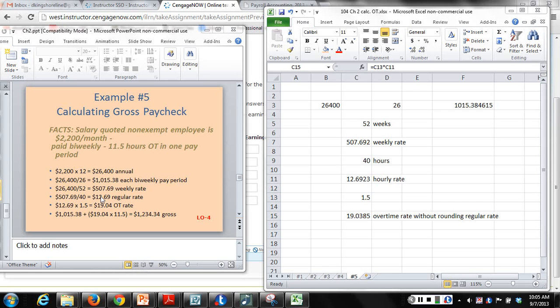That's where we got this. We rounded it. We took our overtime rate, we rounded it, then we built our total gross. This is the regular pay, the biweekly amount that we got by going to an annual rate and dividing by 26. This is the overtime rate times the 11.5 hours of overtime it's stated that we worked in the problem. Add them together and we get our total gross of $1,234.34.